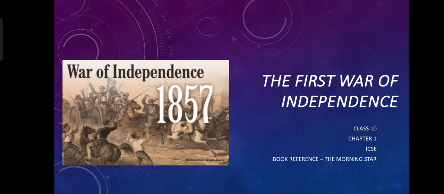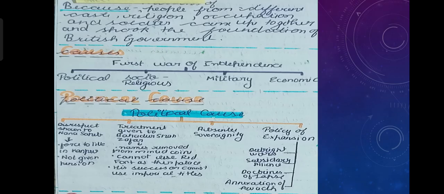So when we move on to the First War of Independence, we first ask why it is known so. In India, we call it the First War of Independence, and the Britishers called it the Sepoy Mutiny, because it was mostly based on the sepoys. So, first of all, why is it known as the First War of Independence?